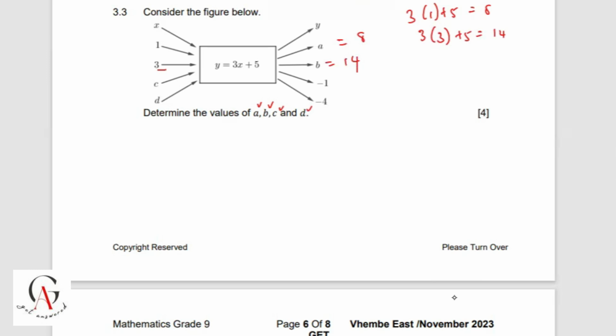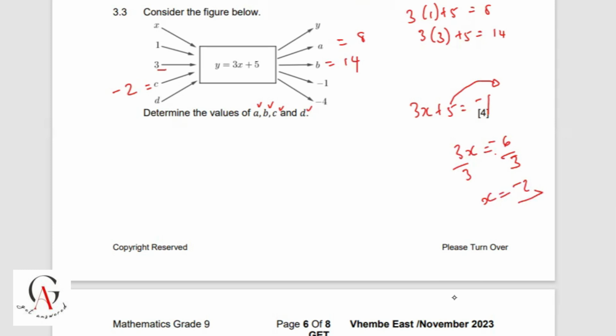And then C, we're using inverse operation. Okay, so 3x plus 5 is equal to negative 1. Let's move the 5 that side, which is going to be negative 6, then divide by 3, which means C is negative 2. Okay, so 3x is this, divide by 3, divide by 3. x becomes negative 2.